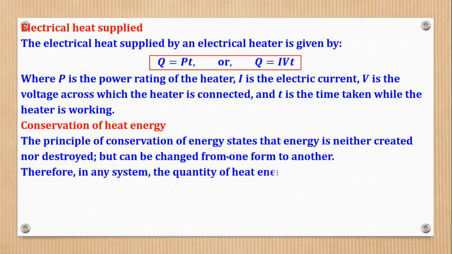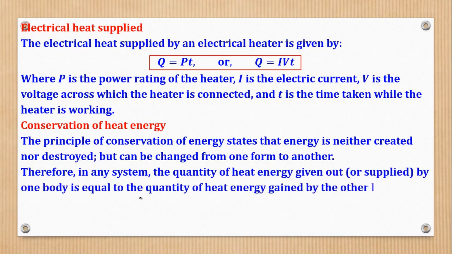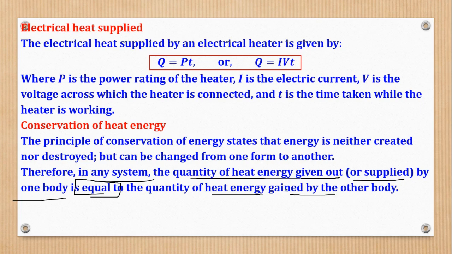And that is the main concept under this topic of heat capacities. So you come out that in any system, the quantity of heat energy given out or supplied by one body is equal to the quantity of heat energy gained by the other body.